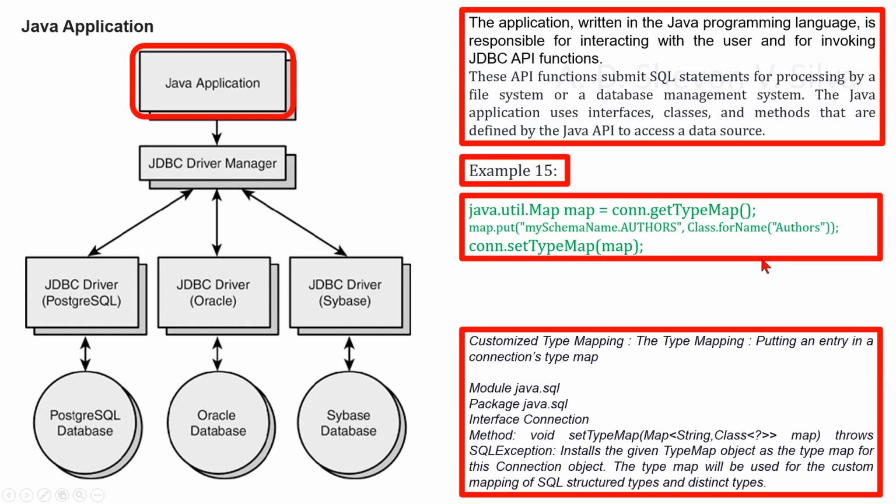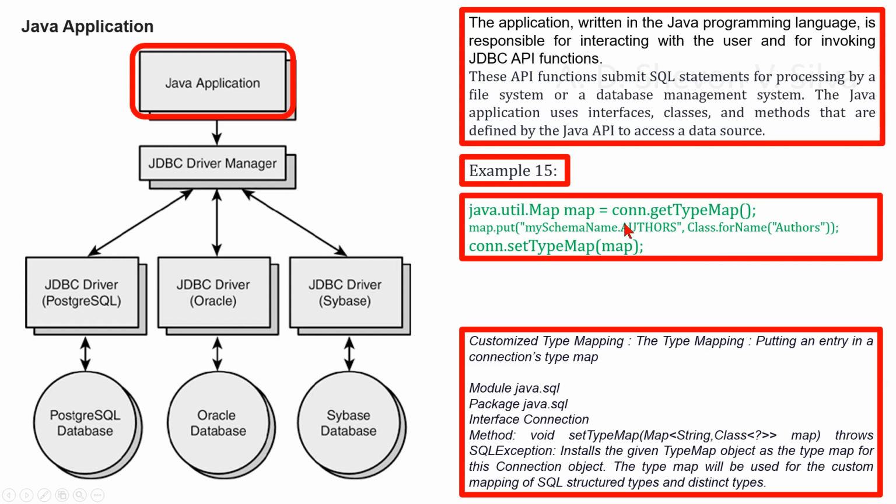For example, if the UDT name is MySchemaName.Authors and the SQLData implementation is the class Authors, the entry for the type map associated with the connection object con would be like this code example.